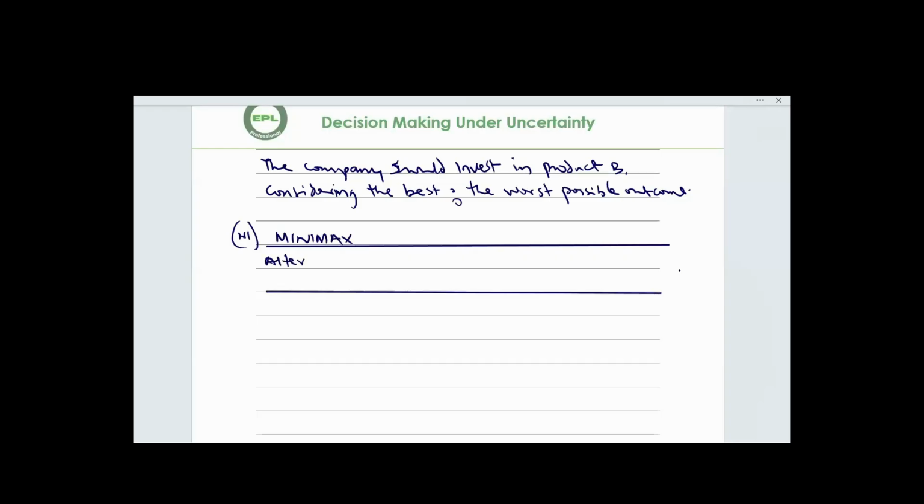Alternative A, B, C. State of nature. So we have boom, we have steady, then we have recession.